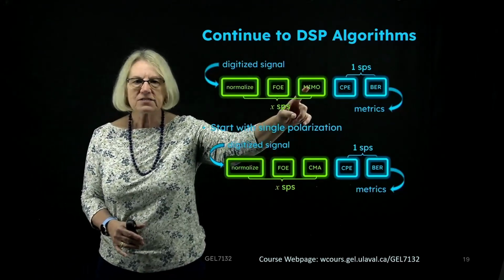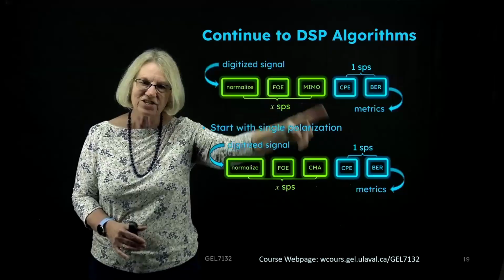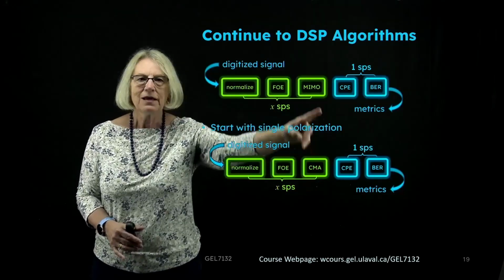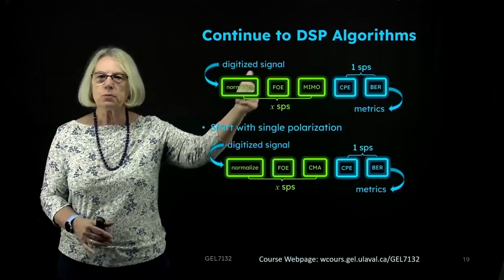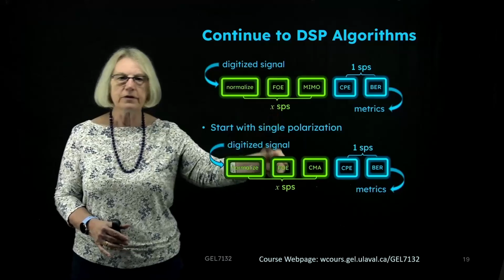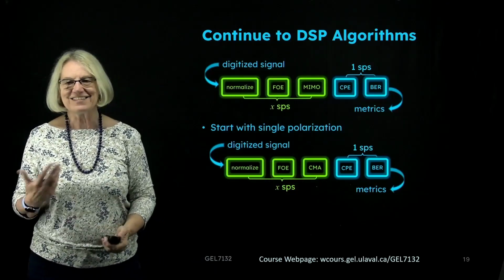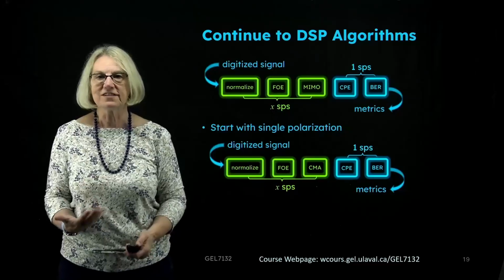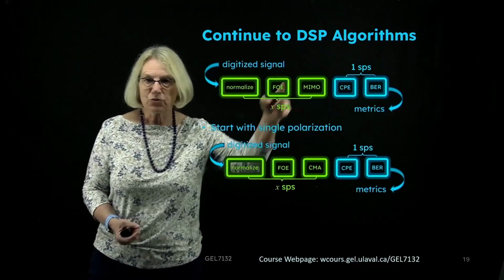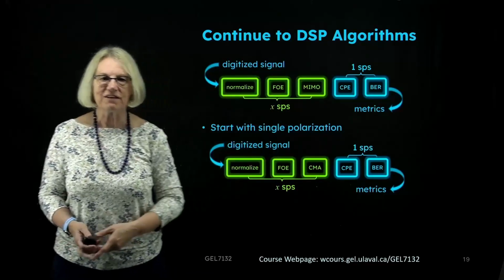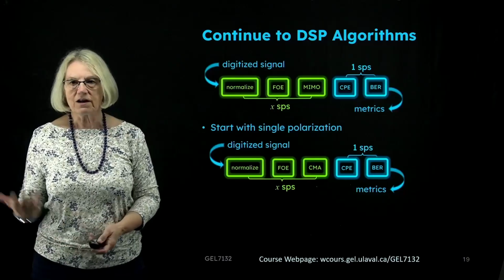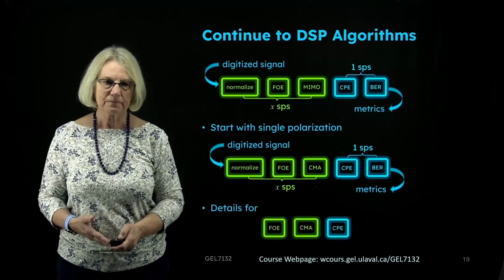So if I pass from dual polarization to single polarization, then it's not really multiple input, multiple output, it's single input, single output, and we would tend to refer to this rather as the CMA, the algorithm that's used in this, actually in both situations, but here it's the simpler version of it, the CMA, or constant modulus algorithm.